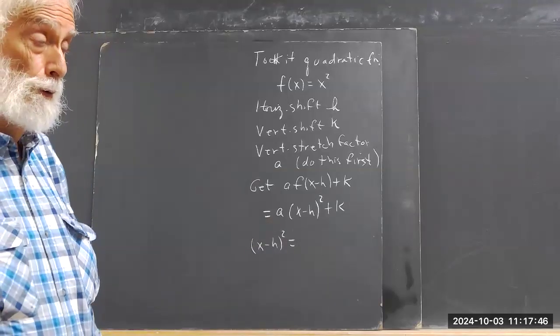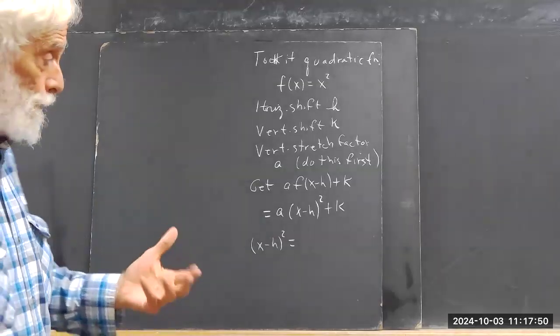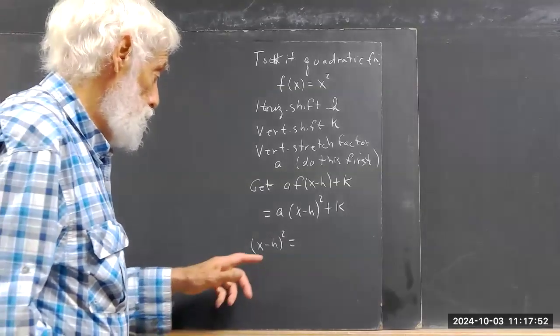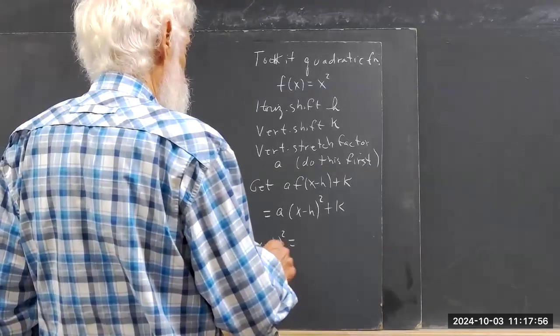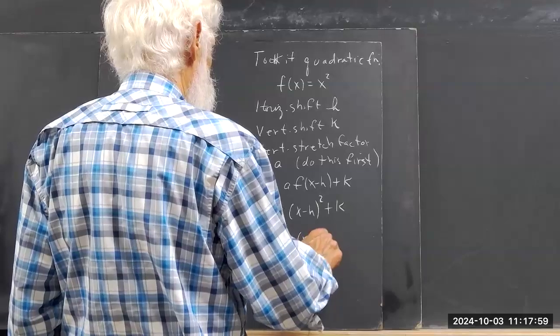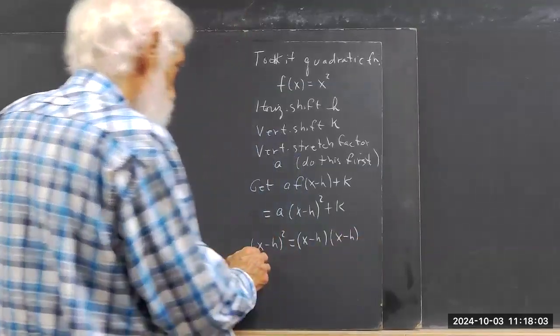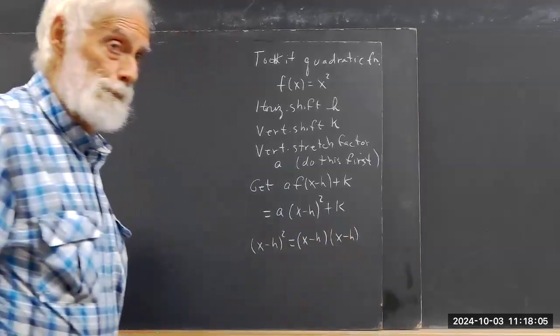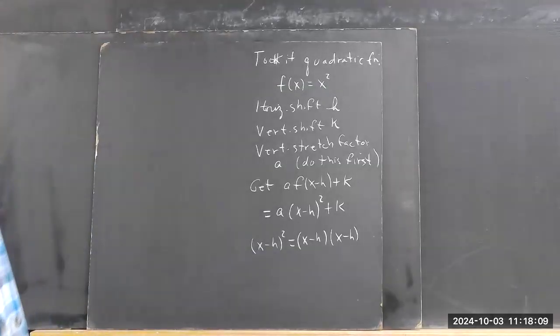You've had algebra 2, even algebra 1, you would know this. At least you would know that x minus h quantity squared means x minus h times x minus h. When you square something, you multiply it by itself. So can you multiply x minus h by x minus h?